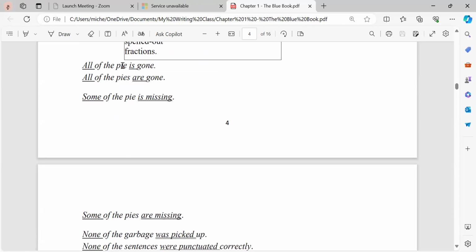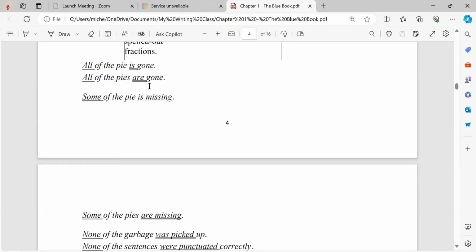So just note that for fractions, for example, percentage, all, some, none, like the previous rule that was just written on the bottom line right there, we should see the object right here. If the object is singular, then we have to use a singular verb. And if the object is plural, then we have to use a plural verb.